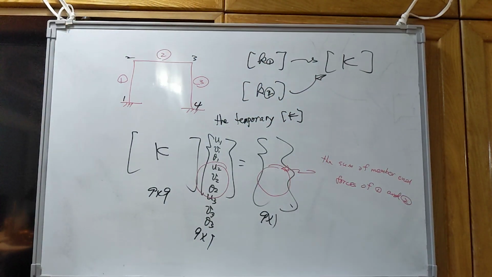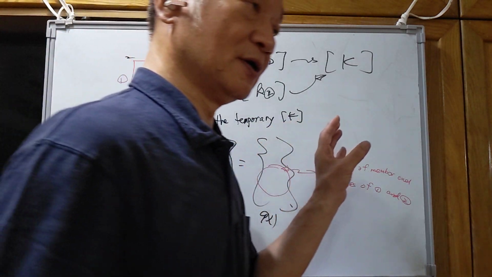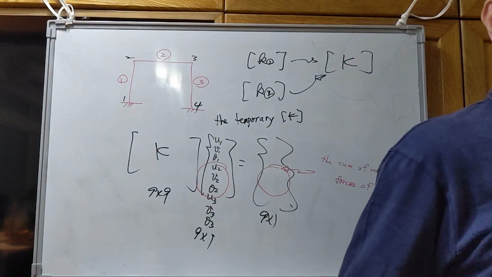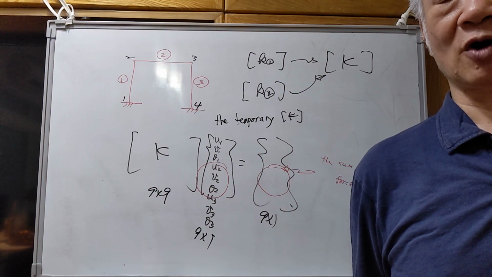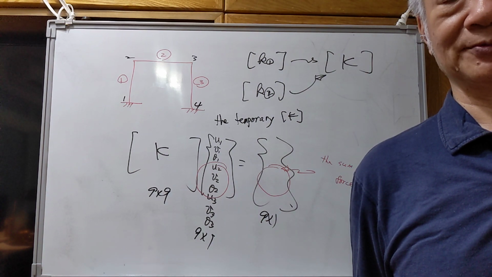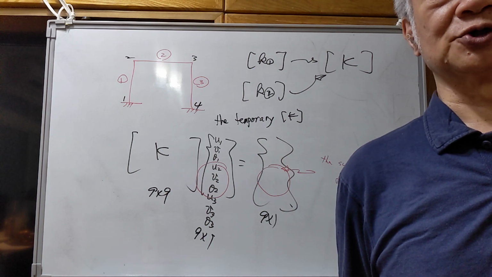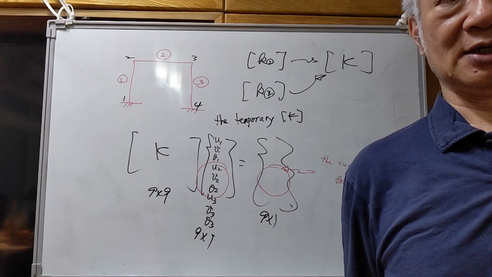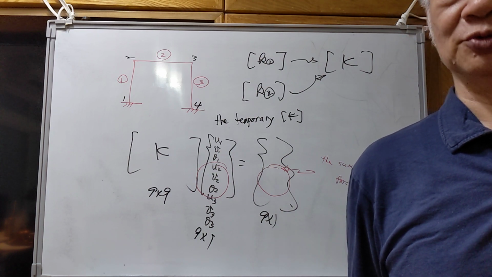Okay, so right now the right hand side of the force vector includes the contributions from element 1. It has the contributions of the member end force from member 1. Also, it has the contributions of the member end force from element 2.